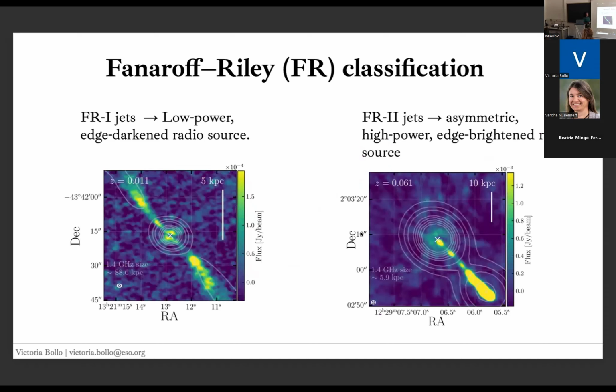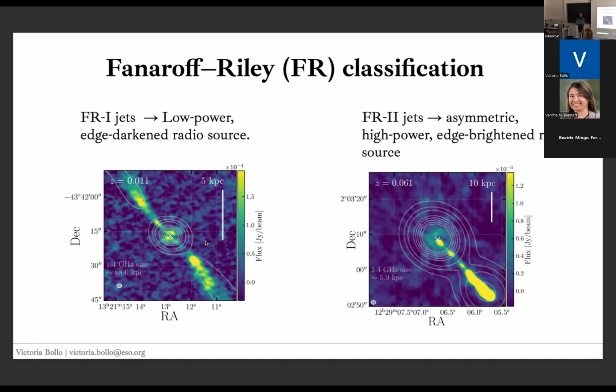I would also like to briefly introduce these classifications. This is the Fanaroff-Riley classification, also known as FR1 or FR2. FR1 jets are usually low power, edge-darkened radio sources. Here you have an example: we have a bright center, and then the emission fades away farther from the center.